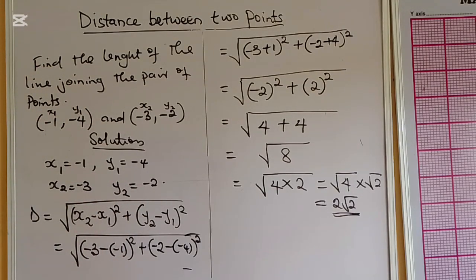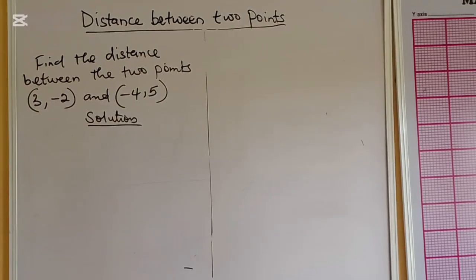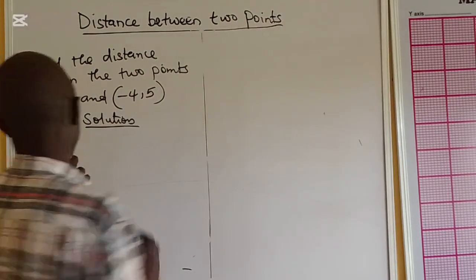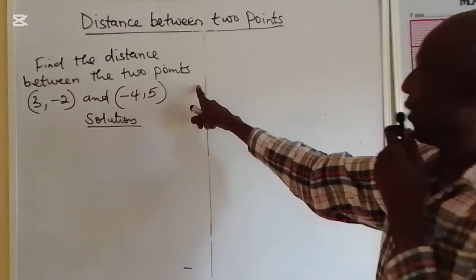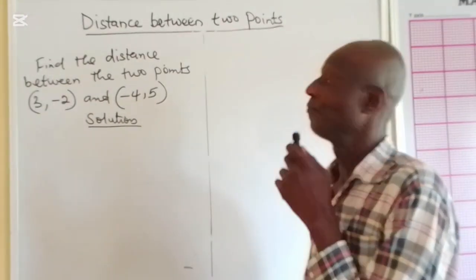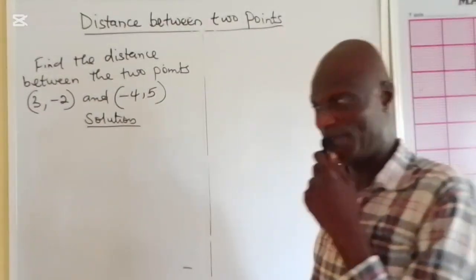I want to give you another example regarding this. Stay tuned, don't disconnect. Let us take example number 2. Find the distance between the 2 points (3, -2) and (-4, 5).